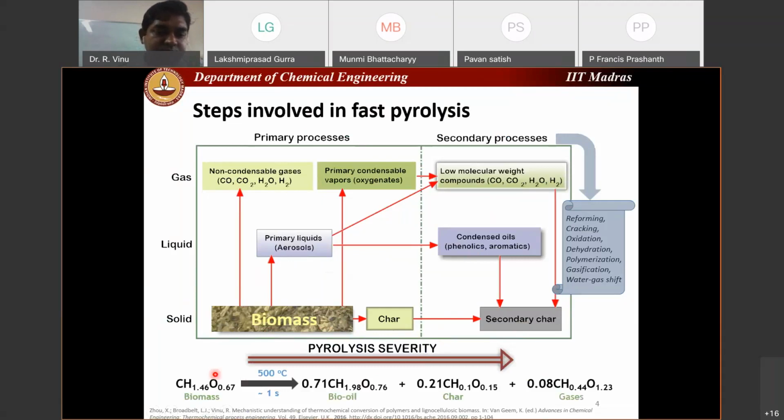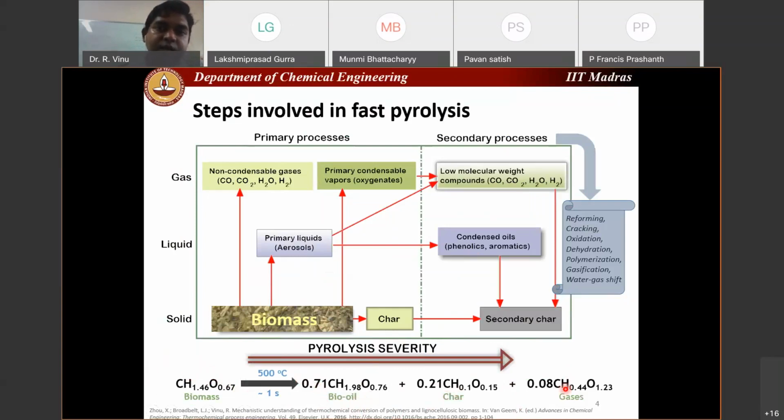This is a rough example of biomass fast pyrolysis. Typically, this is a formula for any common general biomass. It results in a significant yield of oil. You get char and gases, and of course, based on the composition, the product distribution will essentially vary.